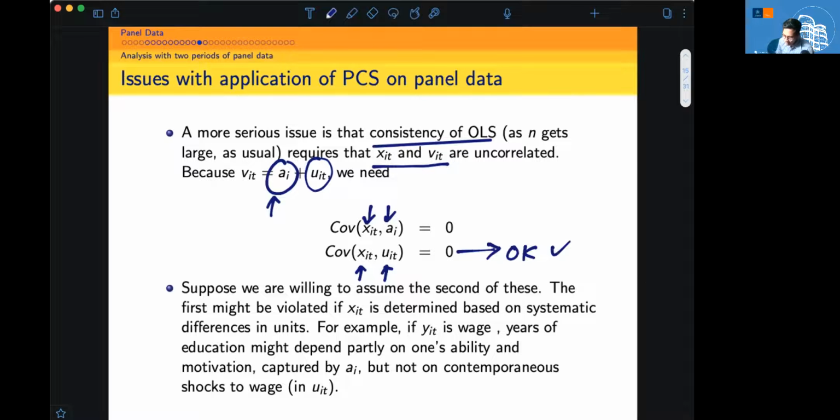Okay, however, the first might be violated if x_t is determined based on systematic differences of units. So for example, if y_t is wage, then years of education can depend not only on one's unobserved ability or motivation, which is captured by the unobserved heterogeneity component, but not on the contemporaneous shocks to wage, which is in the shocks.